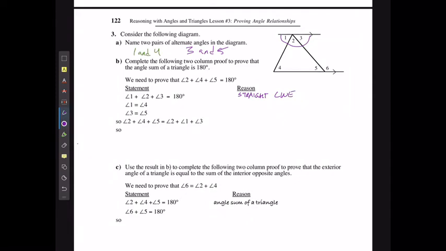Then, because we've already drawn the alternate angles, I know that 1 and 4 are going to be equal because they are alternate angles. I also know that 3 and 5 are going to be the same because they are alternate angles.